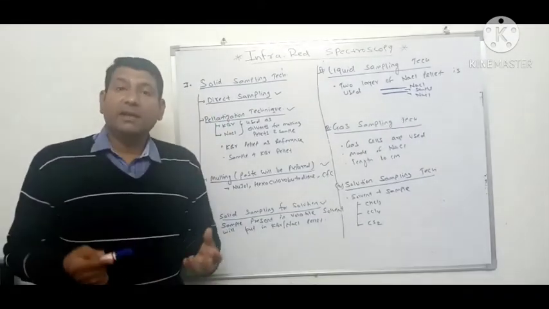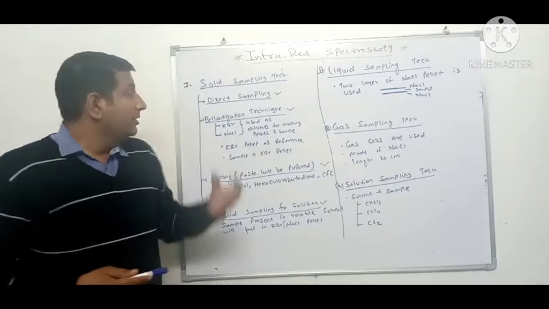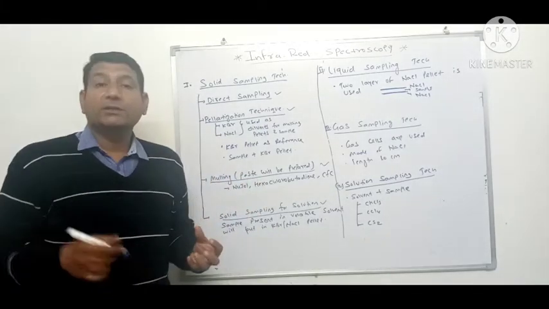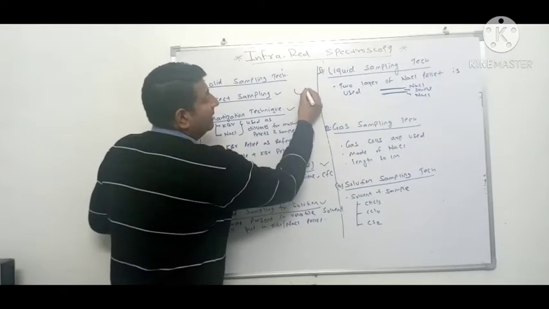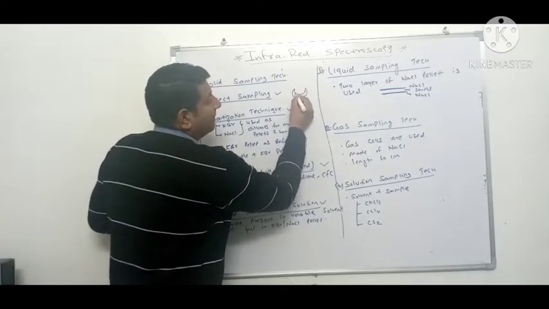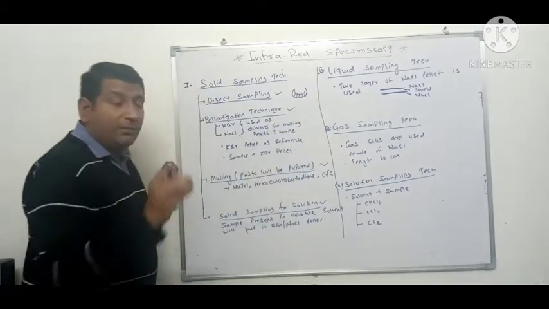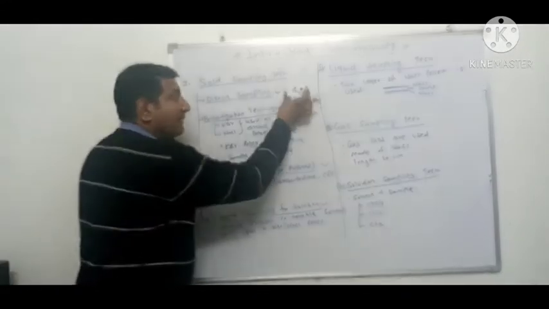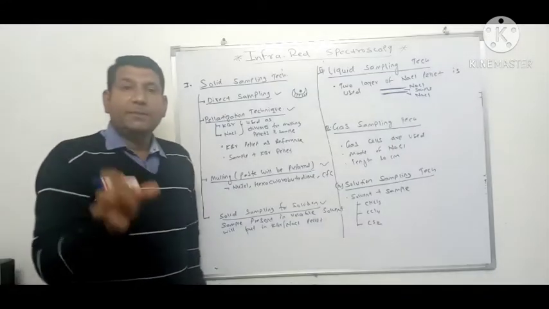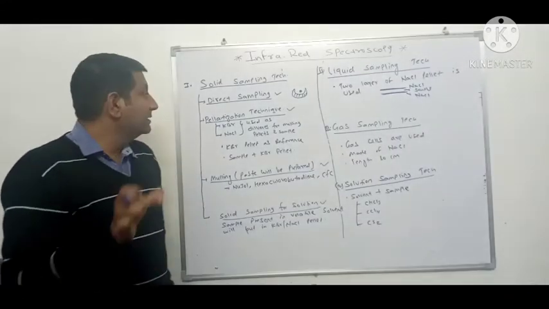The direct sampling technique, as the name suggests, utilizes direct application of the sample into the instrument. There is a groove, a part in the instrument, where the sample can be put, and this assembly is put into the IR spectrophotometer for analysis.